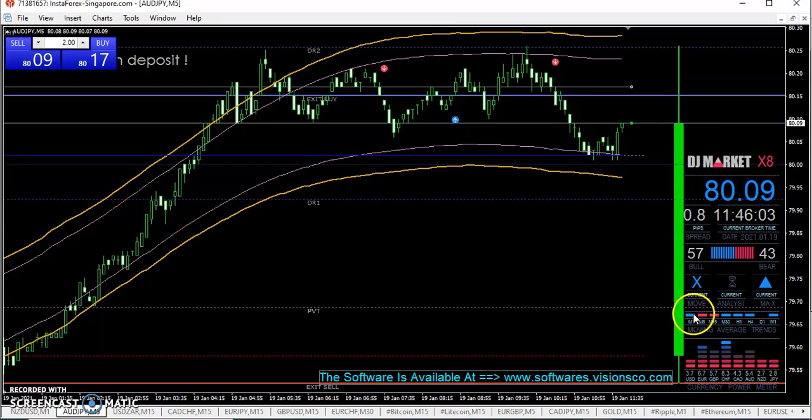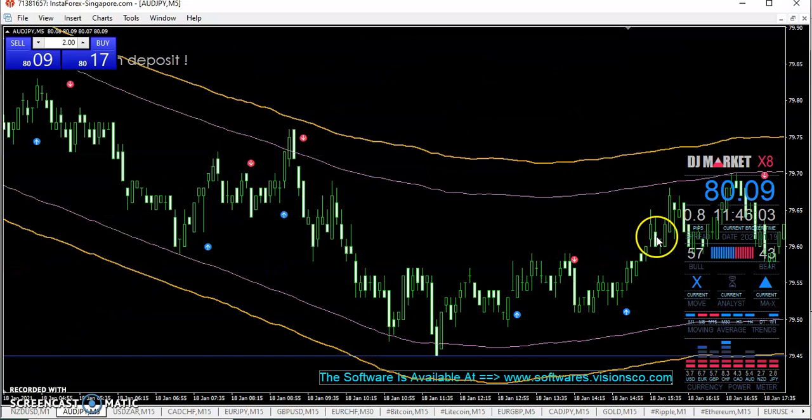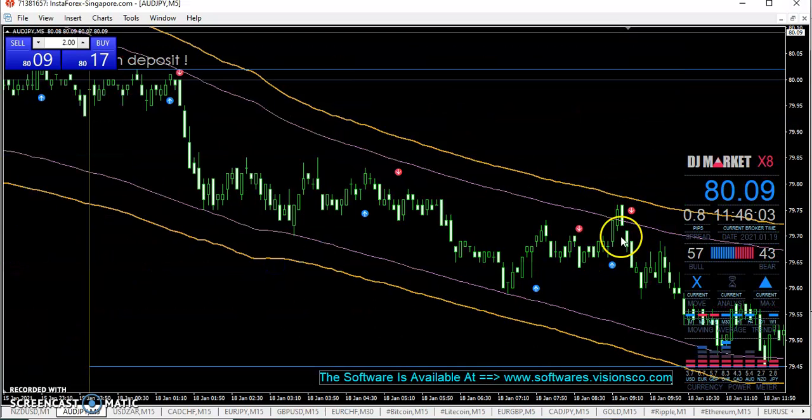Look here now. 1 minute is showing up, but 5 minutes and 15 minutes is still showing down. Why? Because it has not come to have its peak at the down. This is a simple system, just back test. So simple to use.